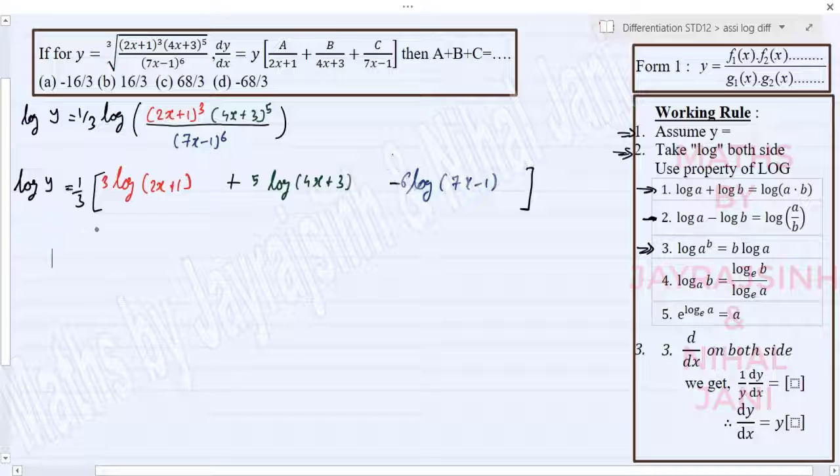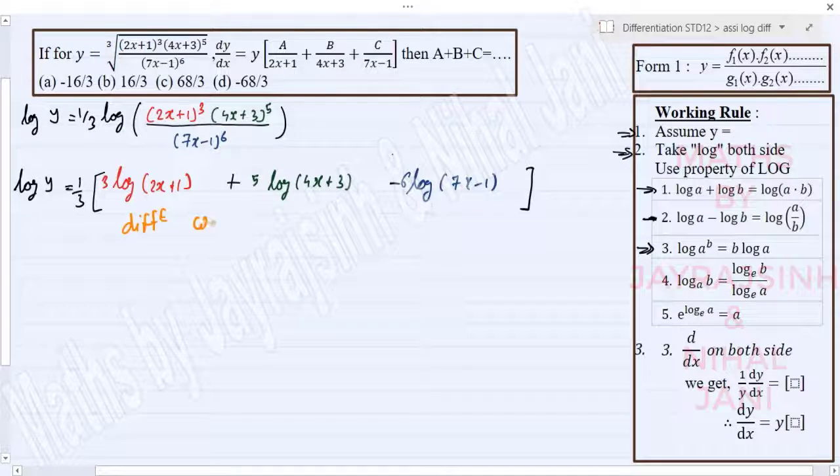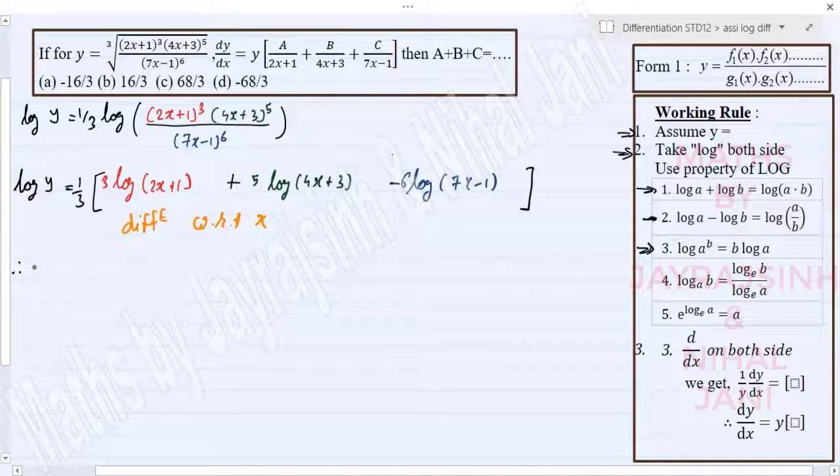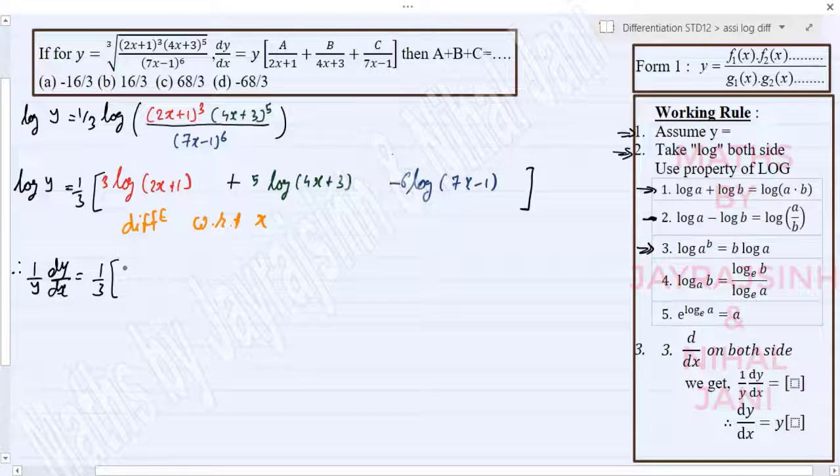So we are ready to differentiate our equation with respect to x. On the left side we will get 1 upon y dy by dx. I don't have to worry about this 1 by 3 for now. Differentiation of the first term, which is 3 log (2x plus 1), will be 3 as it is.